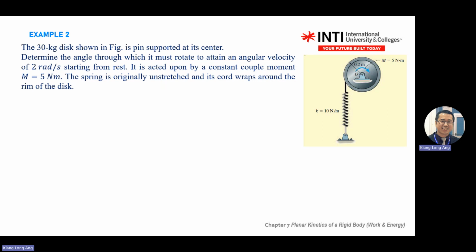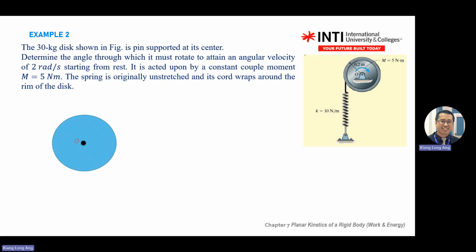The act upon the constant couple moment, even this one, right? Spring original unstretched and the cord right around the rim of the piece. Okay, so this one a bit tricky because this one, when this one turn, this one will change angular into distance traveled.